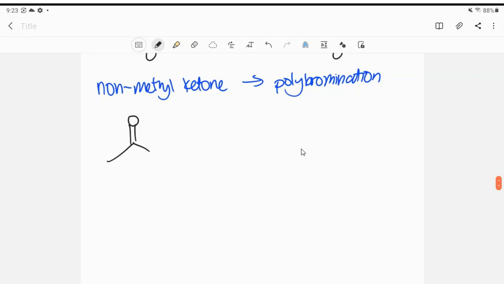How else might we turn this thing into a carboxylic acid? How might we turn this thing into a carboxylic acid? And no, you cannot just throw any old oxidizing agent on this. It's a ketone, right? So how else might we do this?